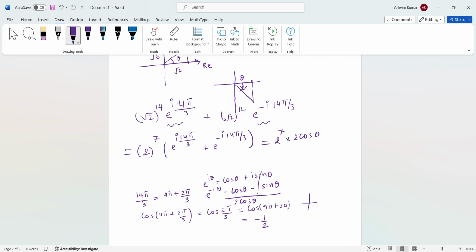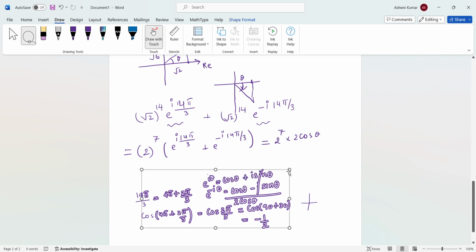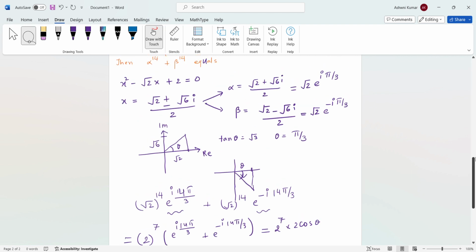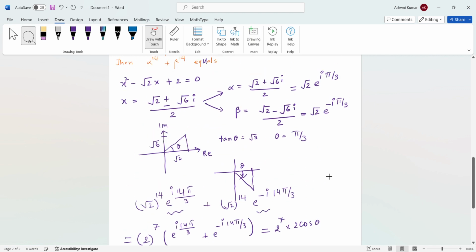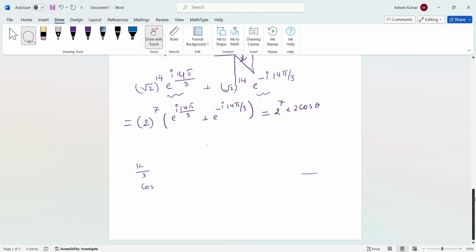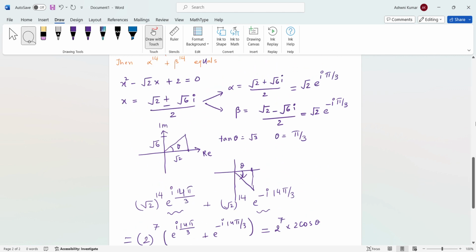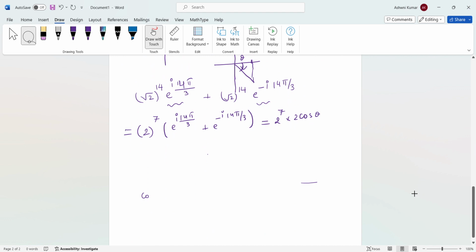So what we are left with is twice 2 to the power 7 into cos theta. And in place of theta, I know what the angle was. It was 14 pi by 3. So this is 2 to the power 7 into 2 cos of 14 pi by 3.